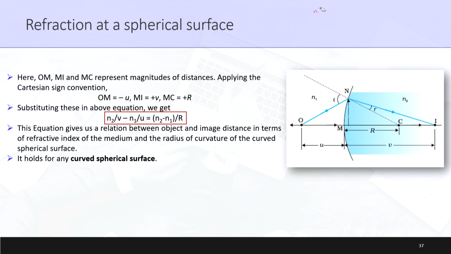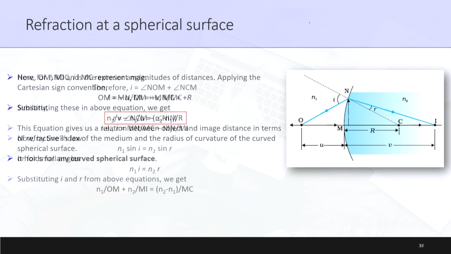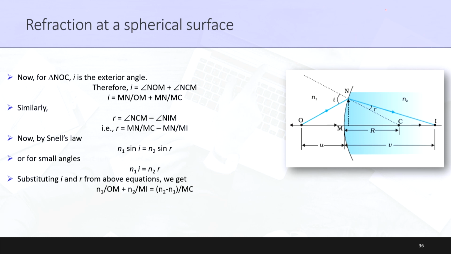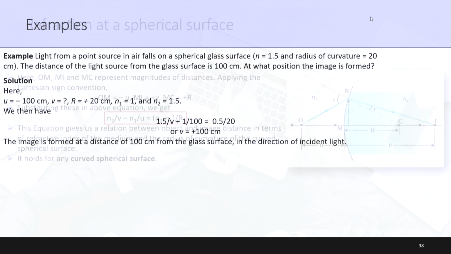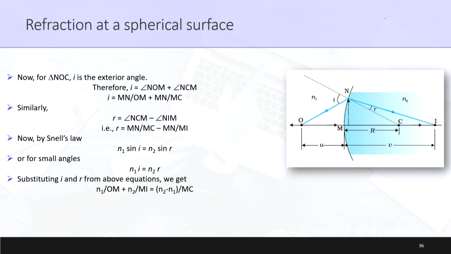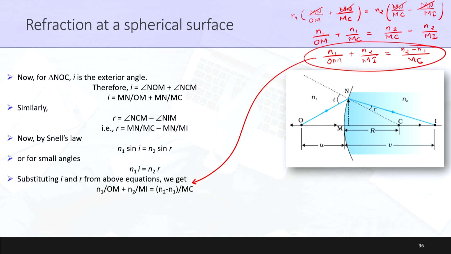Let me first write the equation again: n1 by OM plus n2 by Mi is equal to n2 minus n1 by MC.